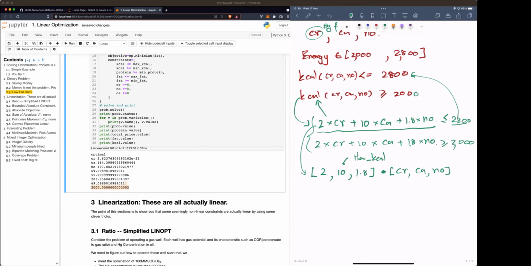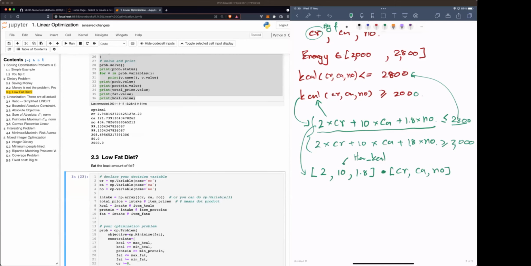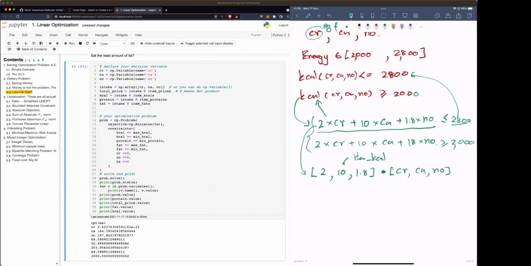And that's because you need to eat enough food for 2000. Otherwise, you can go lower, right? Any questions so far? I want to make sure that you can do these 2 examples. Okay. Anyone got it?